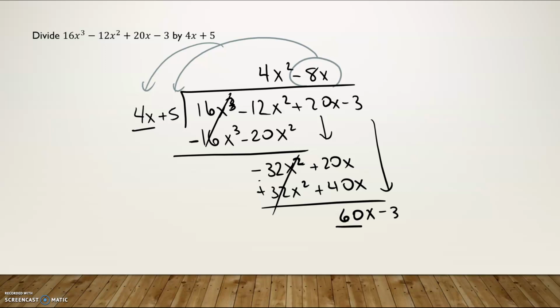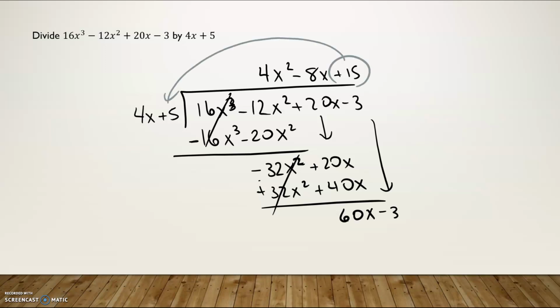Okay, make these two look alike. All I need to do is multiply that 4 times a 15. Okay, so plus 15. Okay, 15 times 5, that'll give us a positive 75. And then the 15 times the 4x, and that will give us 60x.